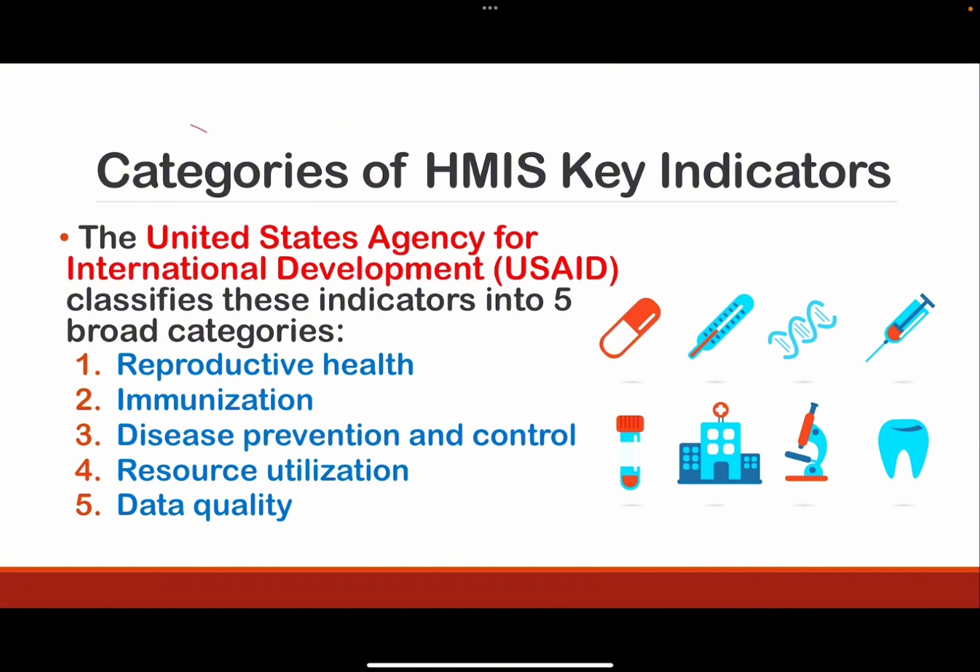So, let's proceed to the categories of HMIS key indicators. So, the USAID classifies these indicators into 5 broad categories. 5, okay? 5 broad categories about reproductive health, immunization, disease prevention and control, resource utilization, and data quality.